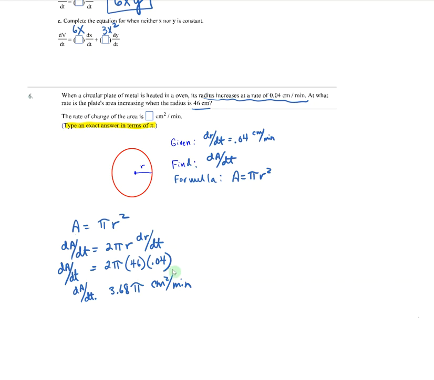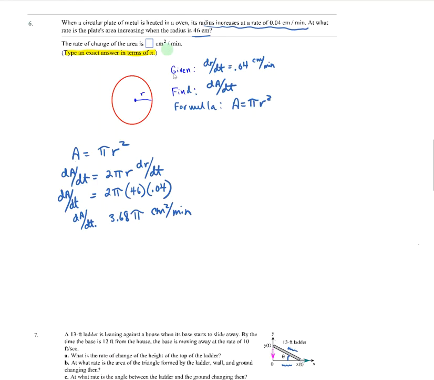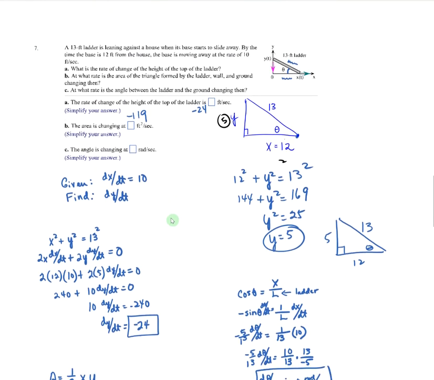And then we can plug in: we know that dr/dt is 0.04, and we know that r is 46. We multiply, and this says leave everything in terms of pi. So you multiply all your numbers, and it's 3.68 pi centimeters squared per minute. All right, let's look at number 7.